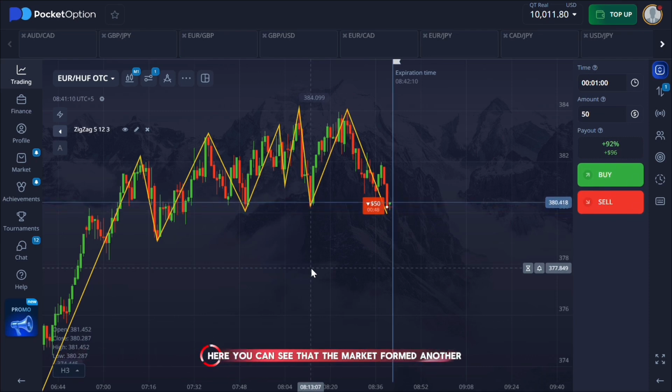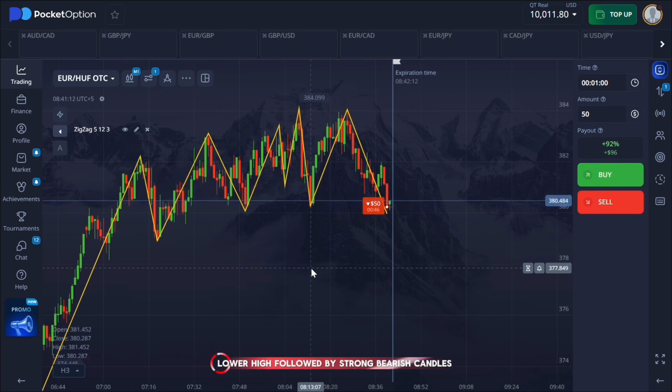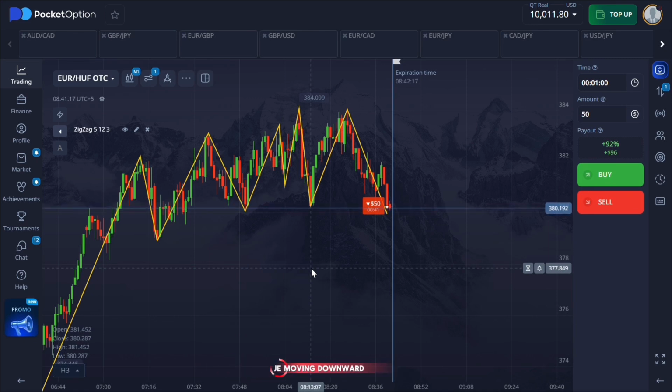Here you can see that the market formed another lower high followed by strong bearish candles. This confirms that the market is likely to continue moving downward.